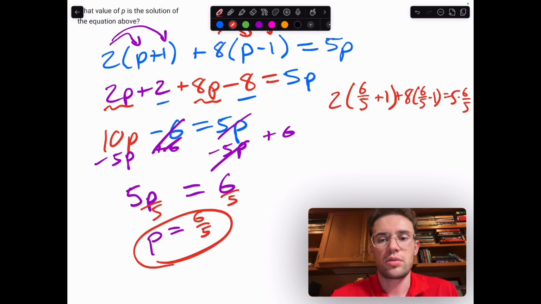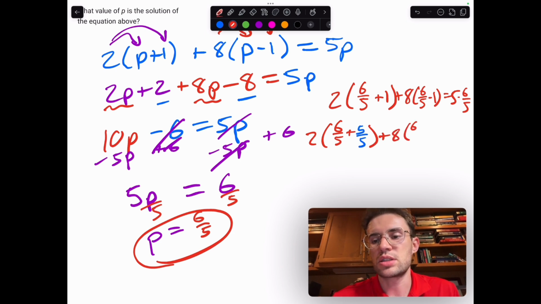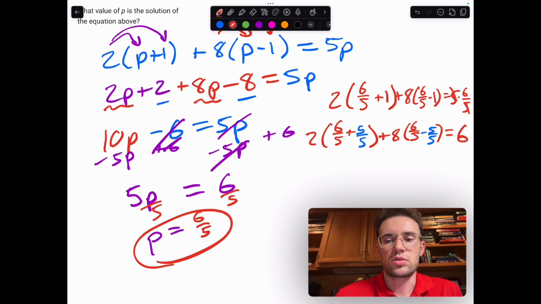So that would be 2 times 6 fifths plus 5 fifths, plus 8 times 6 fifths minus 5 fifths, is equal to, well, 5 divided by 5 is 1, so it just leaves you with 6. So this should all be equal to 6 ultimately.